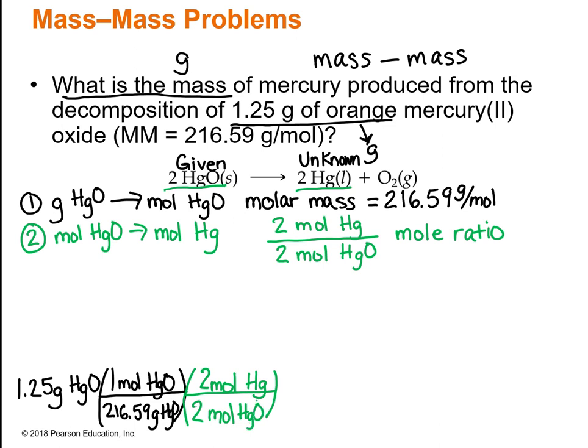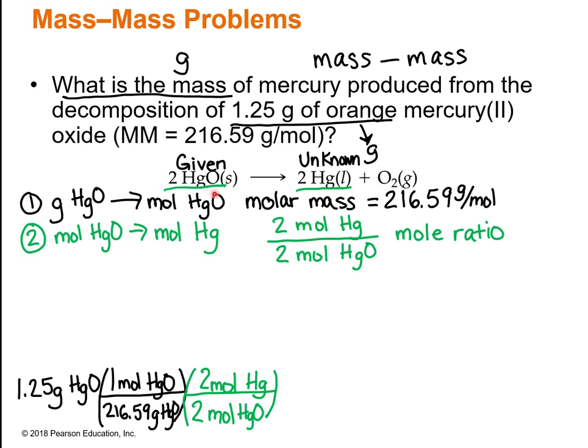So we can take a second and recap. The goal of what we're trying to do is figure out if we decompose 1.25 grams of mercury 2 oxide. So we're given 1.25 grams of this, the mercury 2 oxide.